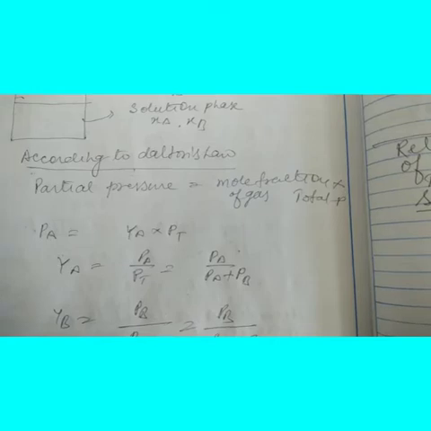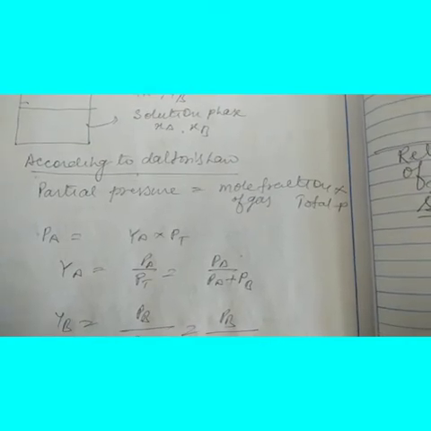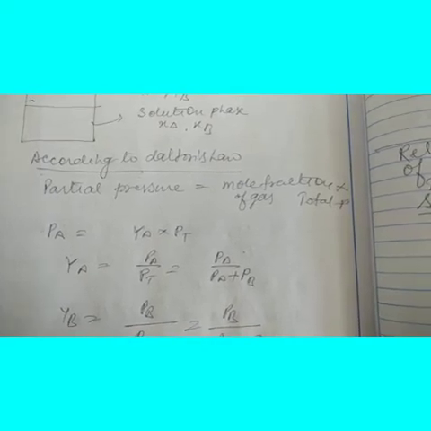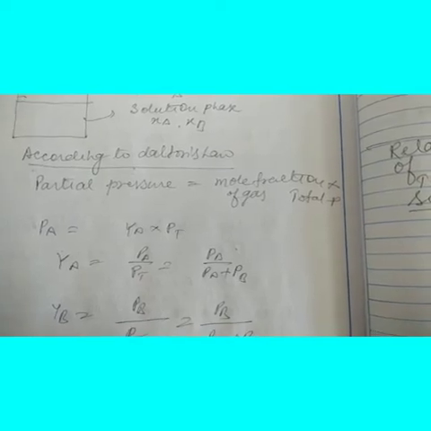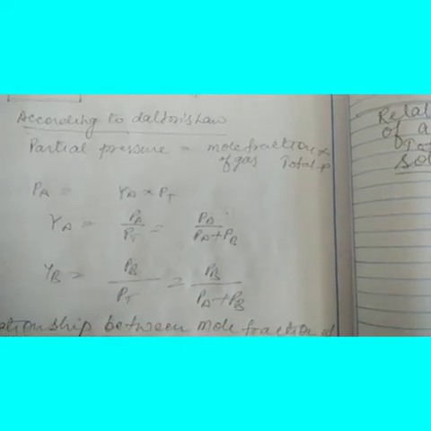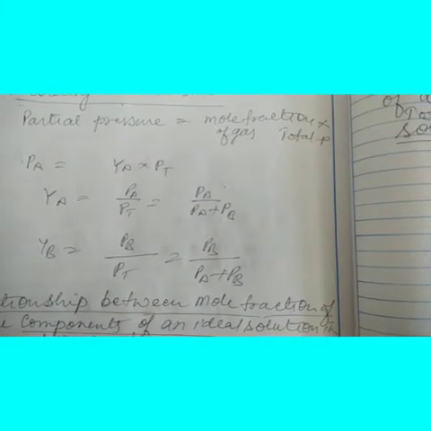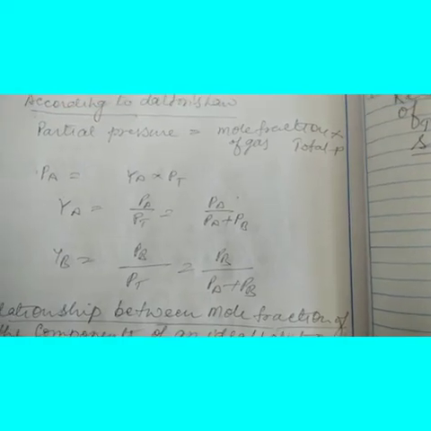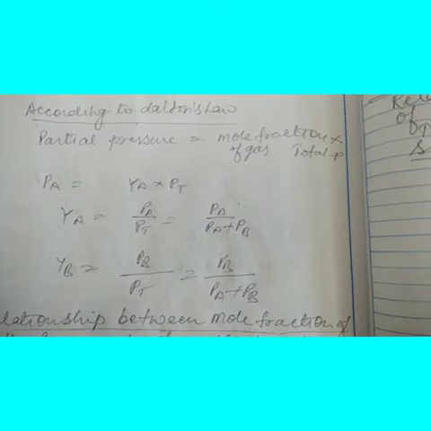So PA is equal to YA into PT. So YA is equal to PA upon PT, meaning PA upon PA plus PB. Similarly, YB is equal to PB upon PT, meaning PB upon PA plus PB. Clear? So this is the formula for the mole fraction in the vapor phase.